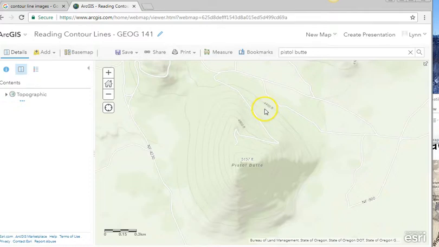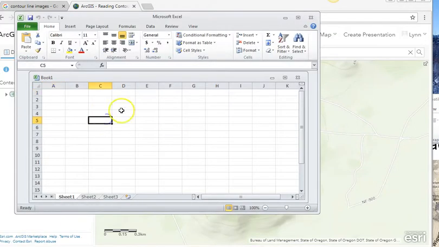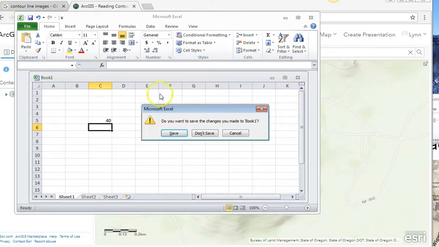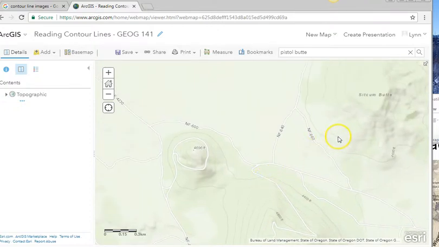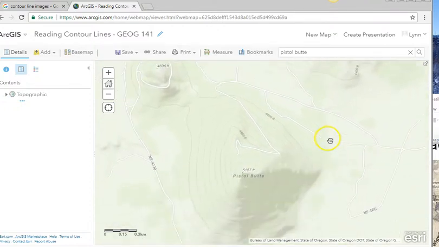I hope I did the math right. We could just check it here. It would be so embarrassing. That's like third grade math. So I had 200 feet divided by 5 contour lines. Okay, the contour interval here is 40 feet. So in the beginning I will give you the contour interval, and then you'll need to determine that.